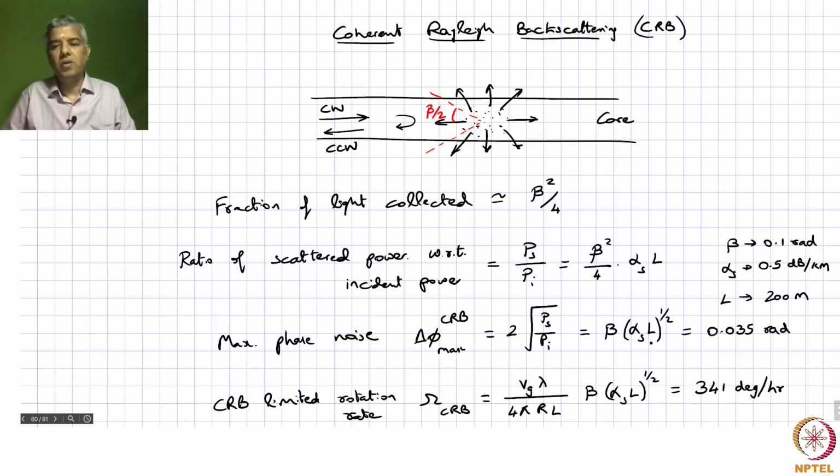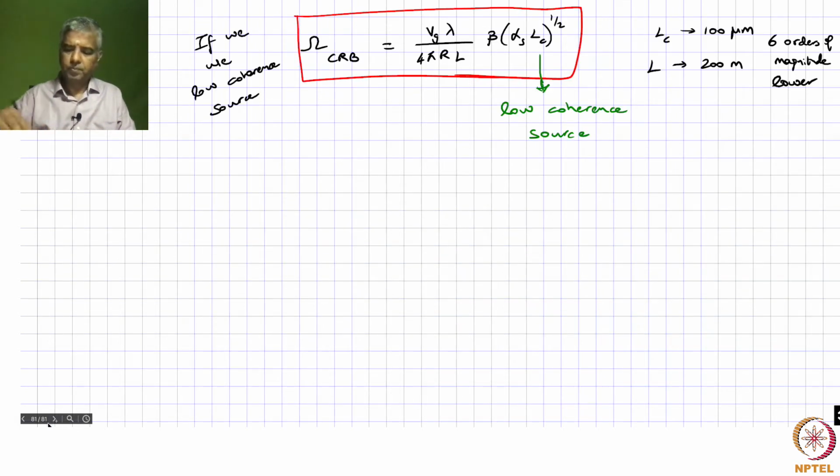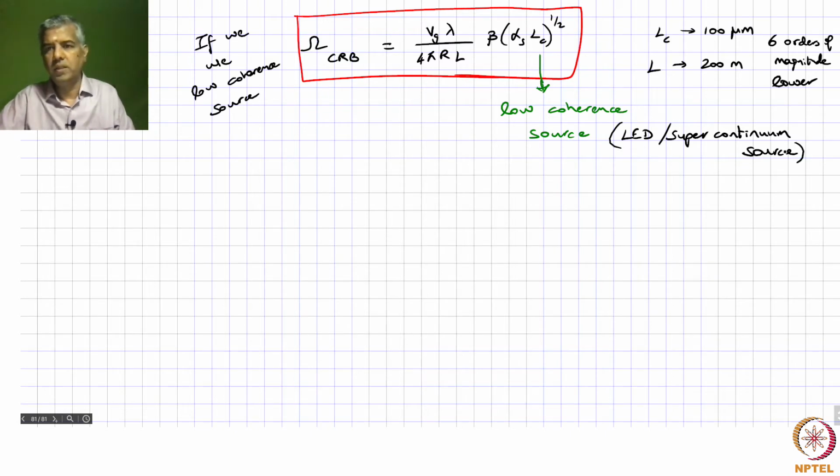And then on top of that, what we saw was if you use a low coherence source, as in the case of an LED or what is called a supercontinuum source, for these sources you could have spectral widths in the order of hundreds of nanometers typically, and that means that the temporal coherence for such sources is very low.